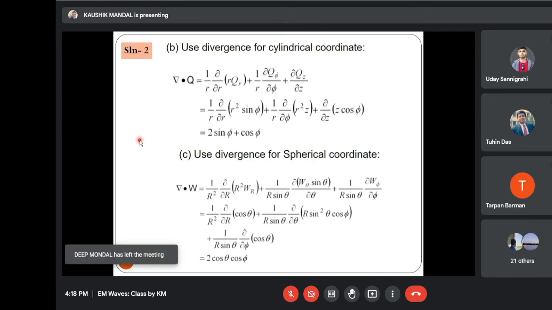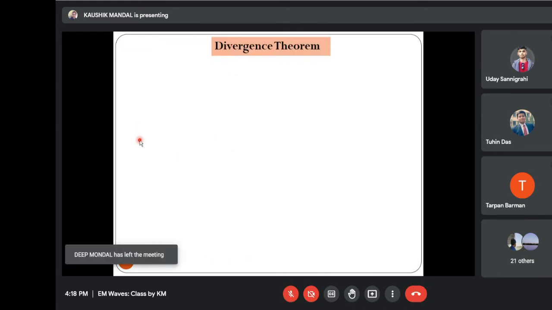So with this basic discussion of the divergence of a vector, next we are moving to the divergence theorem.